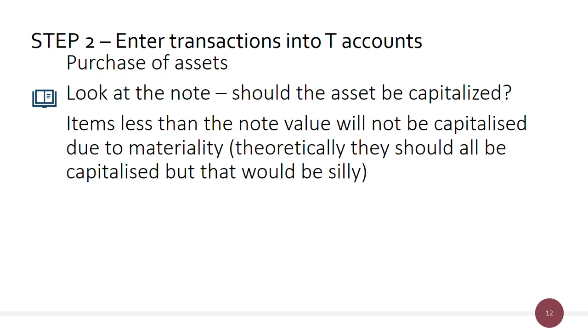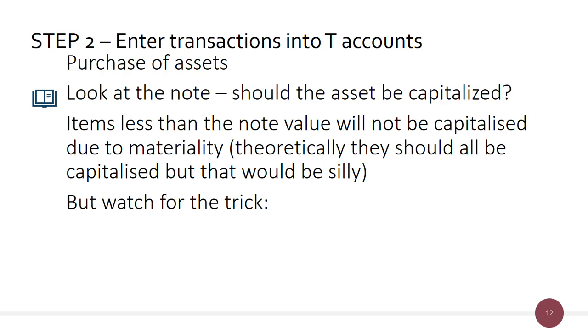That's because of something called materiality. Theoretically, it should be capitalized, but to capitalize all little lamps, plug sockets, and extension leads would be a bit of a pain and get a little bit silly. We'd have a fixed asset register that went on forever and a day. So we don't bother on the basis of materiality.